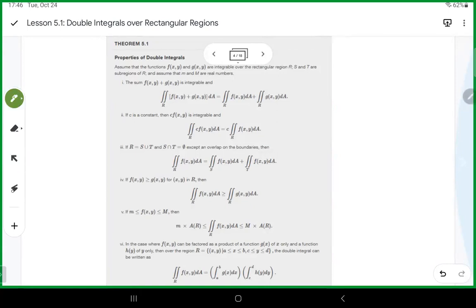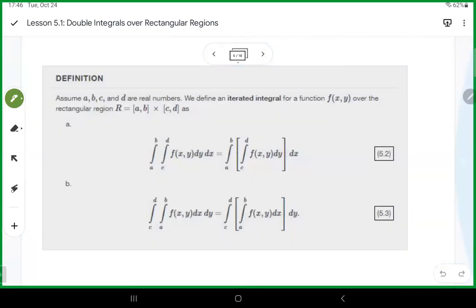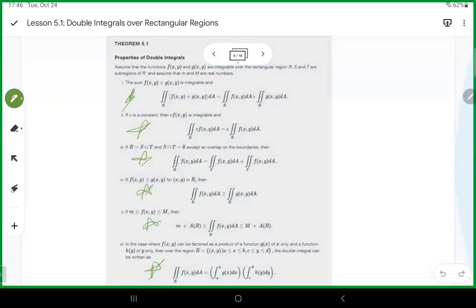Obviously, I would say care more about the intimate details here than all of the wording. But this is a very big theorem. And then we break it down into some definitions. So I'll let you guys do the writing for a minute.